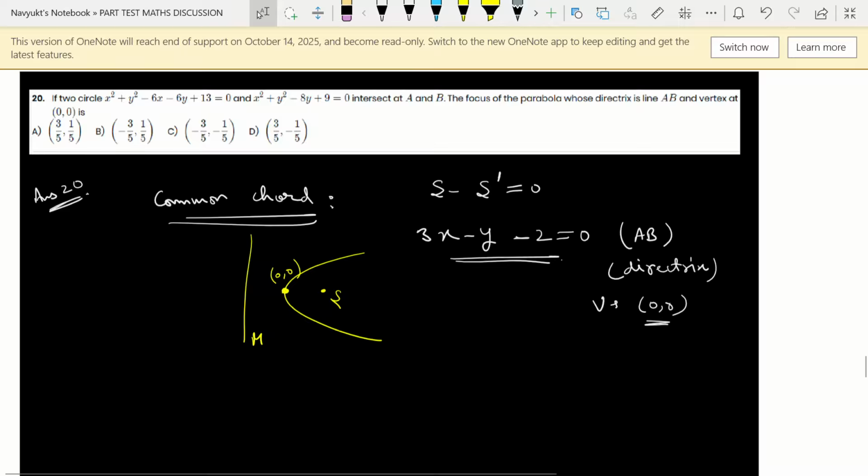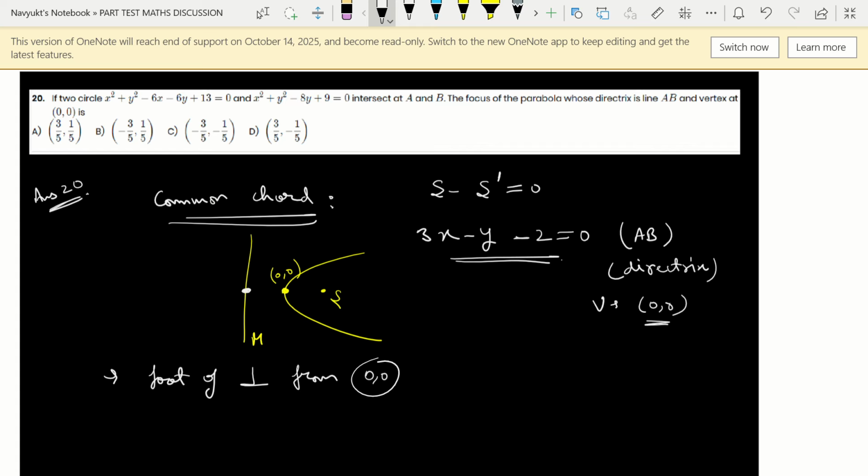So what we are going to do, we know one relation: if I try to find this point here, then I will simply use the midpoint formula to find S here. So let's find the foot of the perpendicular from 0 comma 0 to this line AB.